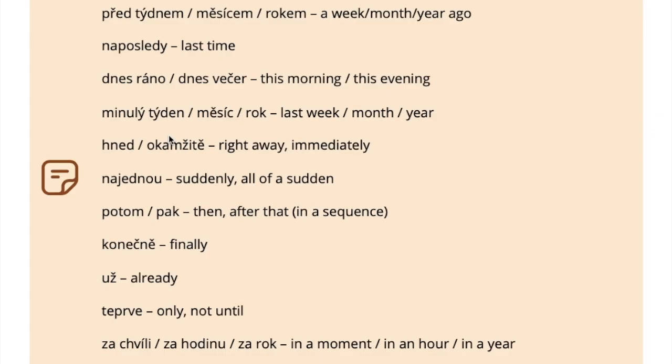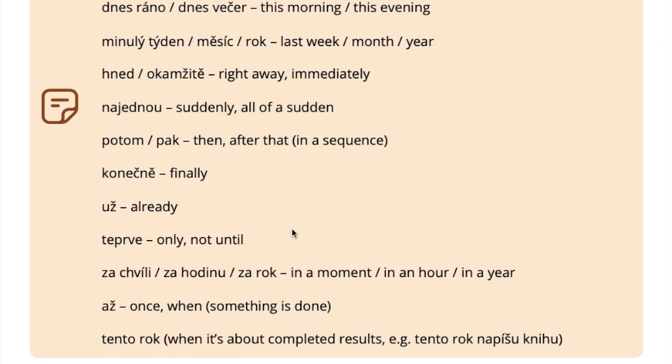Hned, okamžitě, right away, immediately. Najednou, suddenly, all of a sudden. Potom, pak, then, after that, in a sequence, as I was describing for perfective verbs.